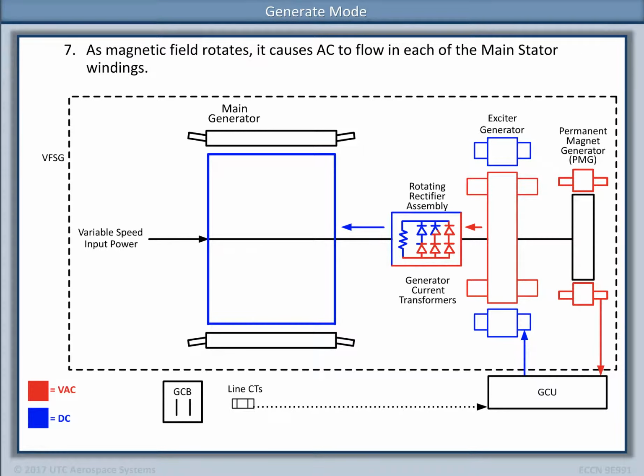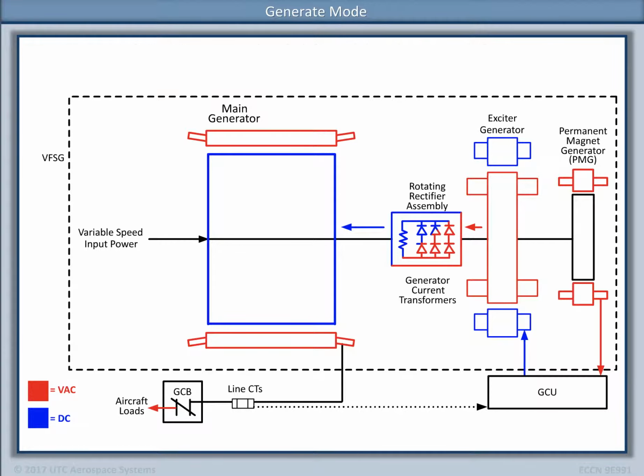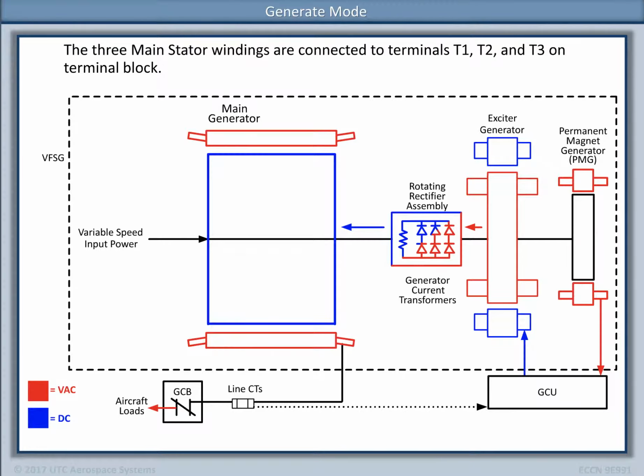As this magnetic field rotates, it causes AC to flow in each of the main stator windings. 8. Current flow through the stator is supplied to the generator loads. The 3 main stator windings are connected to terminals T1, T2, and T3 on the terminal block.